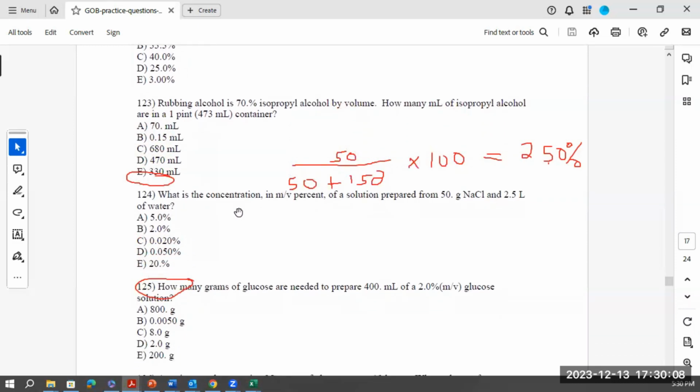Okay, so the concentration in mass per volume percent of a solution prepared from 50 grams of sodium chloride and 2.5 liters of water is going to be, okay, the hint is it's mass volume percent.